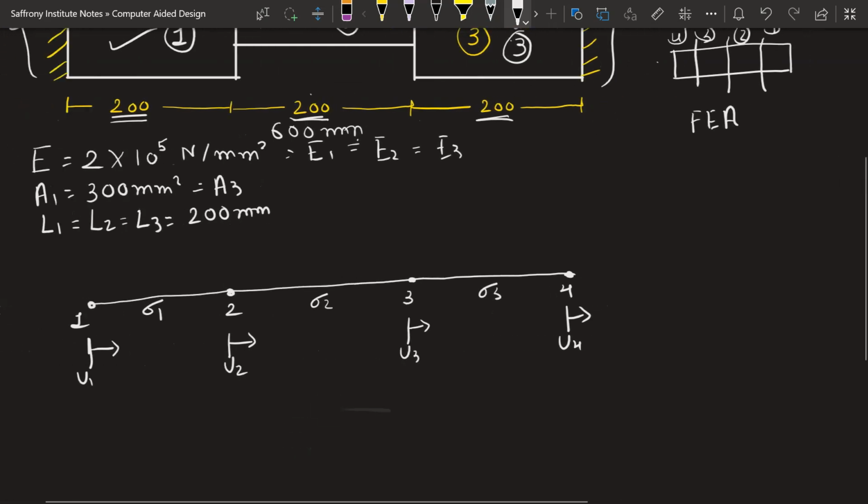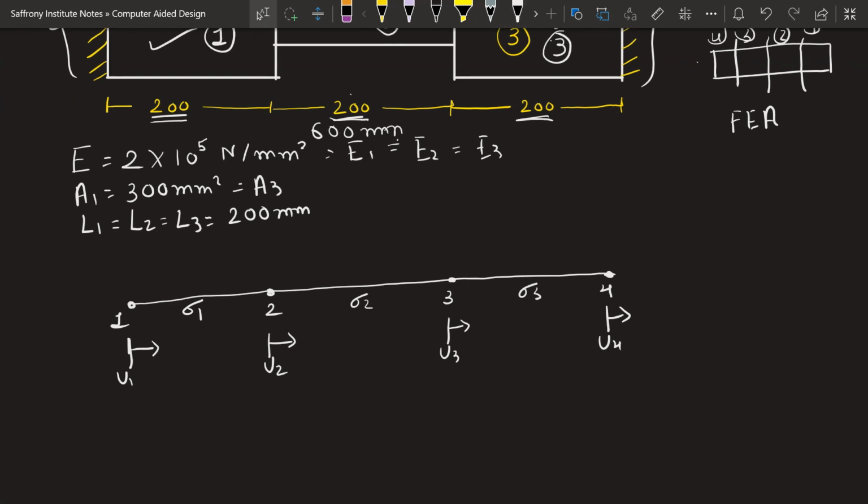Let's say this is element number 1, this is element number 2, and this is element number 3. The stiffness of element 1 will be K1, stiffness 2 will be K2, and stiffness 3 will be K3.